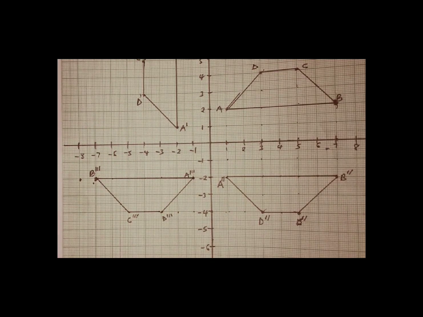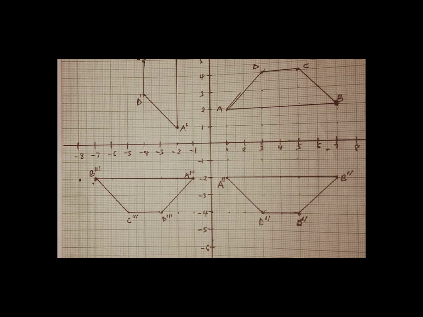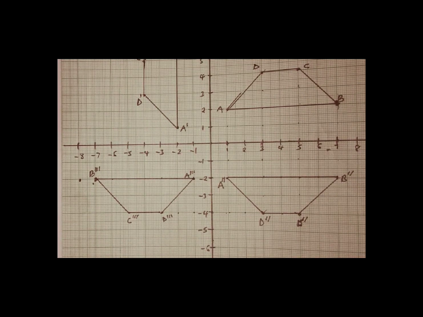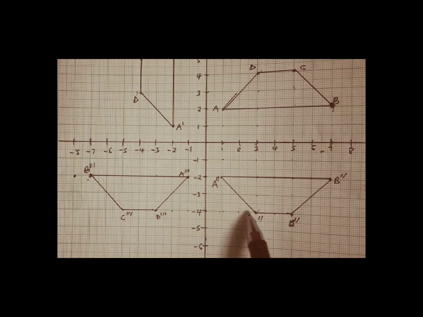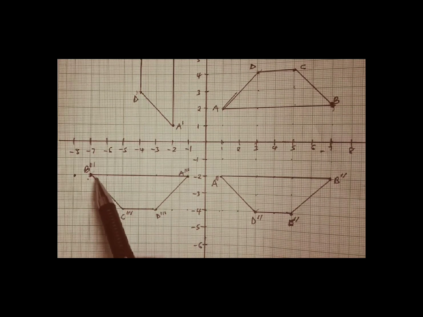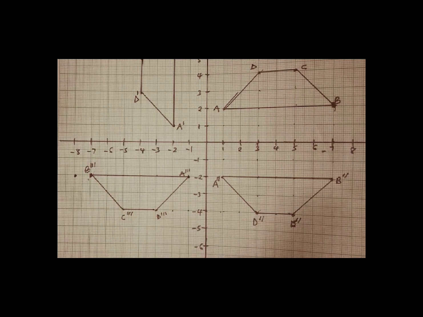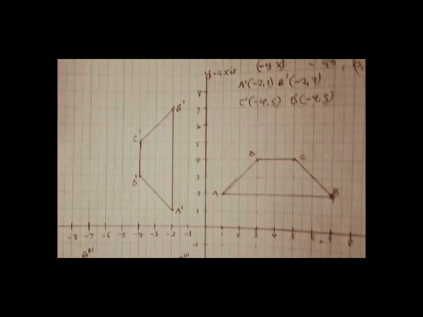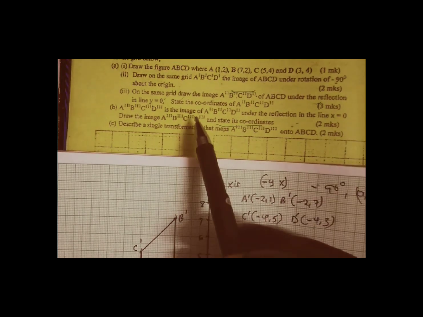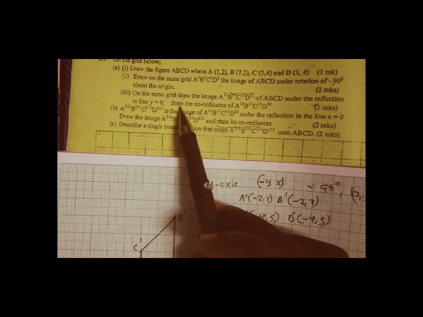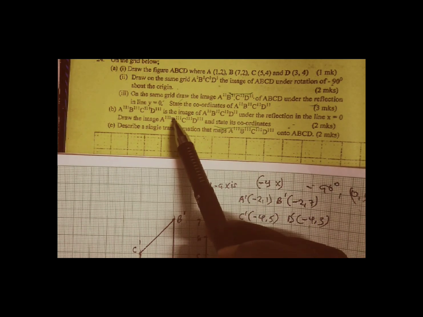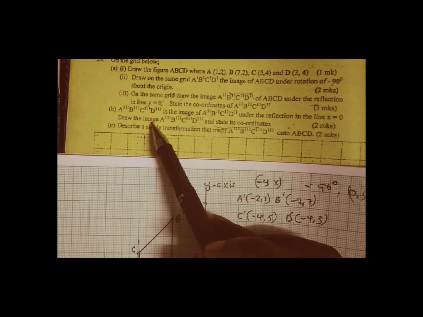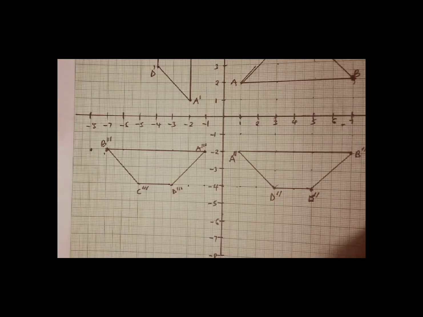By so doing, now we have drawn the image of A, B, C, D double prime, which is now giving us A, B, C, D triple prime. So what next are we supposed to do? We have been told to state the coordinates. That was B.